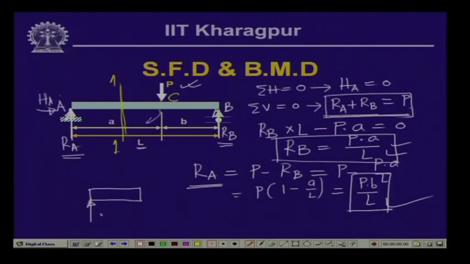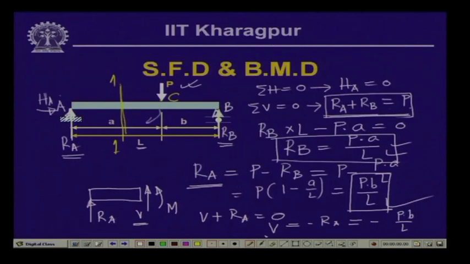Here we have the reactive support R A. Now, on this part there is no external load, but on this section there will be the stress resultants V and the moment M. Now, if we take the equilibrium of the vertical forces, then V plus R A equals 0. So, this gives us the shear force equals minus R A, and R A, we have seen, is P B by L. So, this equals minus P B by L. So, this is the value of the shear force.